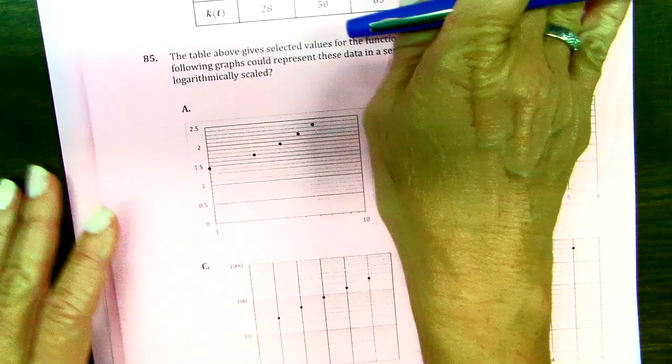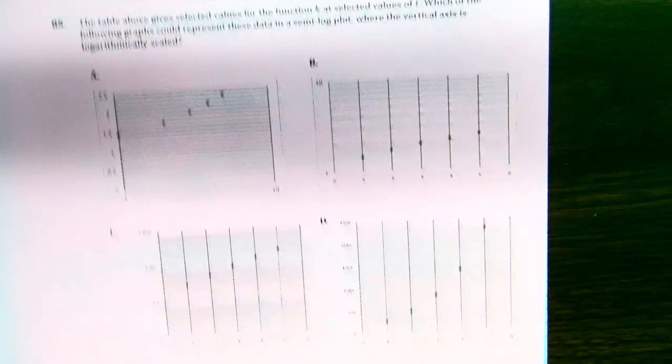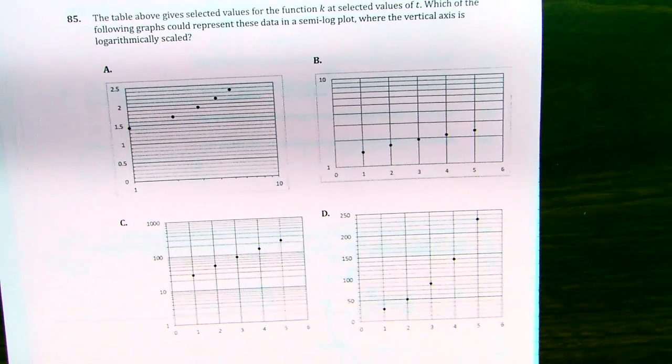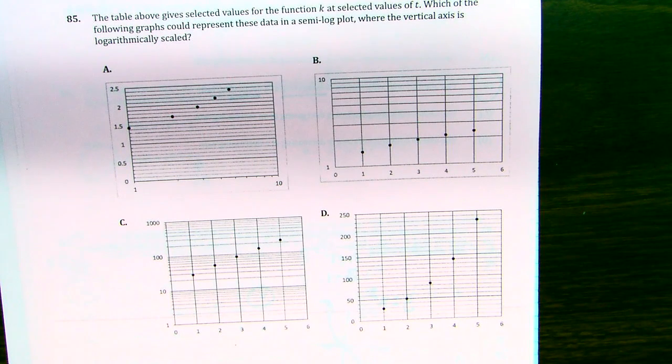All right, 3 more. These last 3 questions are super wonderful questions. I really like them because I think they're very representative of questions we could see on the AP exam. Here's why I like this one. They forced us teachers to teach semi-log plots to you. It was at the end of Unit 2.